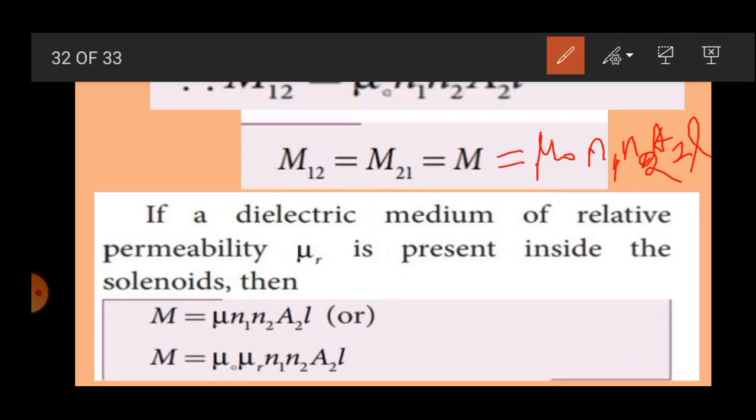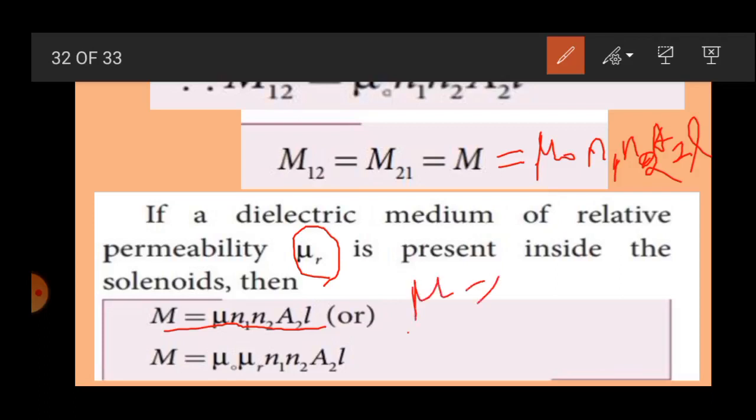Suppose a dielectric medium of relative permeability mu r is present inside the solenoid. Therefore, now write the equation for the mutual inductance of the two long coaxial solenoids, mu n1 n2 A2 into L. What is mu?